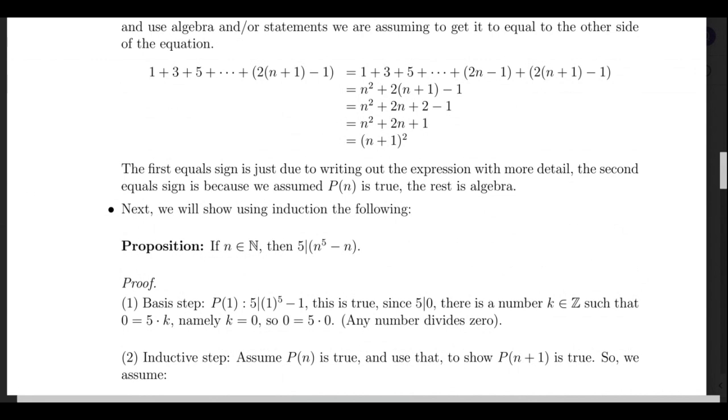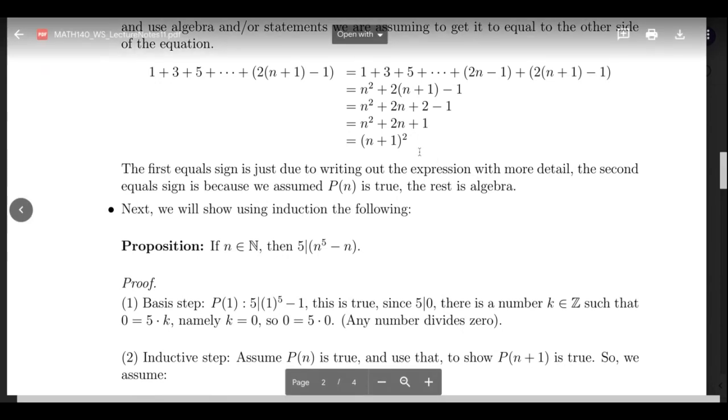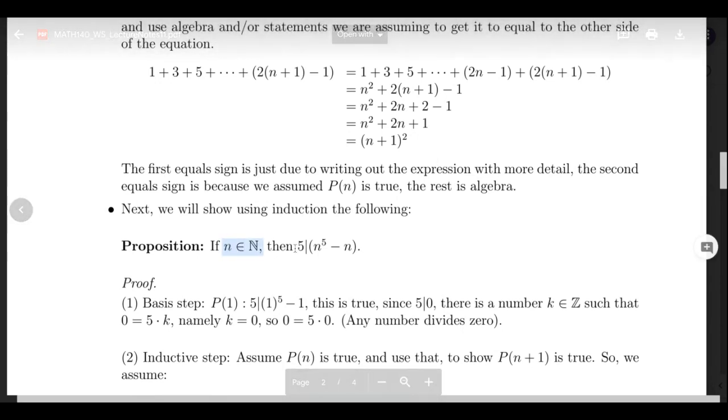But for the prime numbers, the base case is not 1, because the very first prime number is 2. So the base case doesn't necessarily mean 1. It could be something else. But here, for those 3 examples, we are working with natural numbers because we limit n to natural numbers.